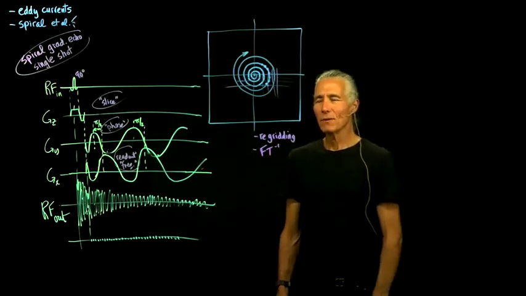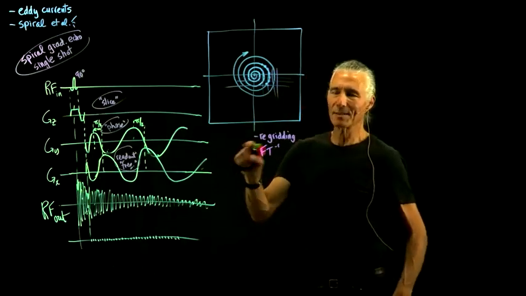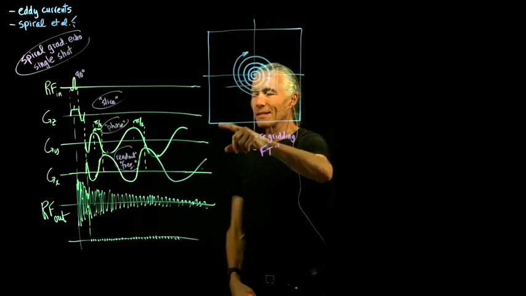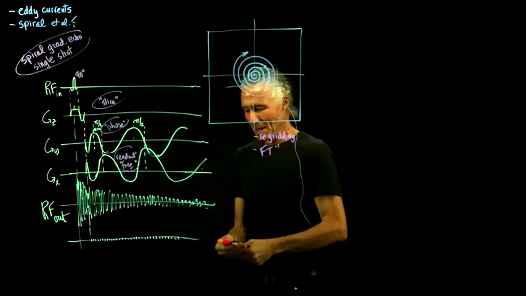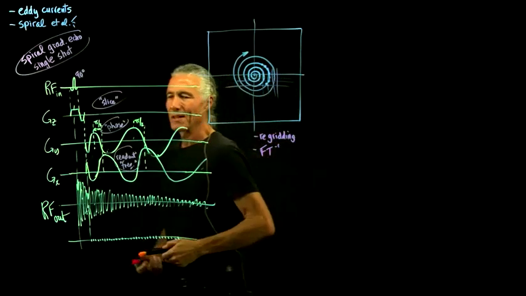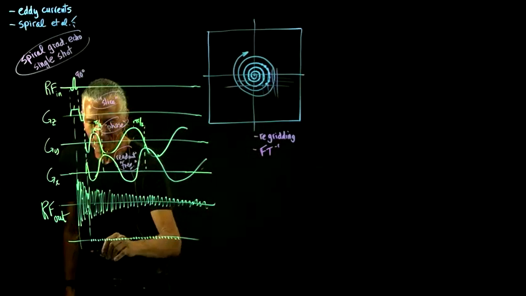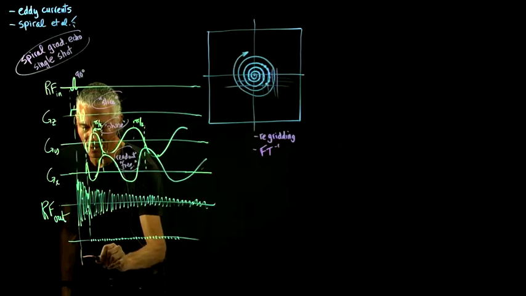If we were trying to do fMRI with this, it wouldn't be very good because we're starting in the center of k-space. So what is the effective TE? The effective TE would be very short.